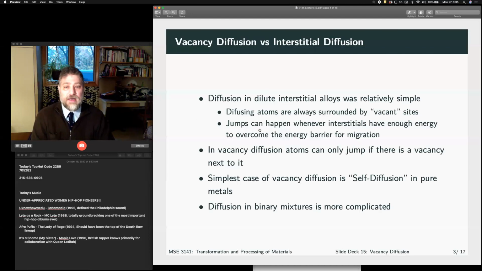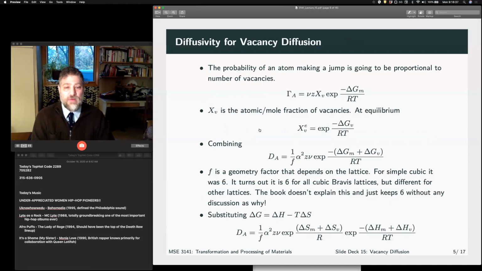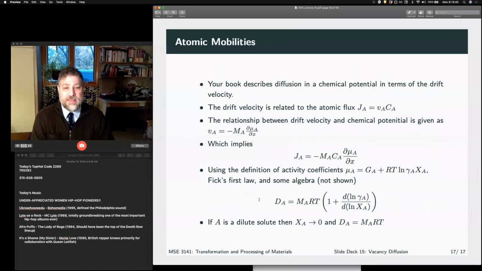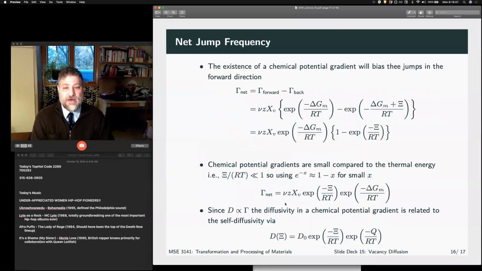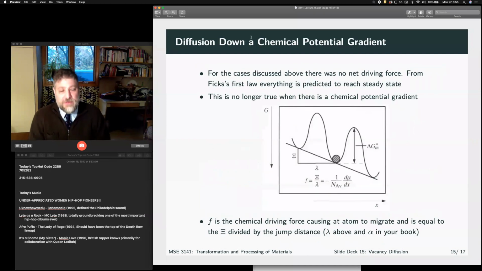So I wanted to hit one thing real fast, right? We talked about diffusion and a chemical potential gradient at the tail end of Friday, right?